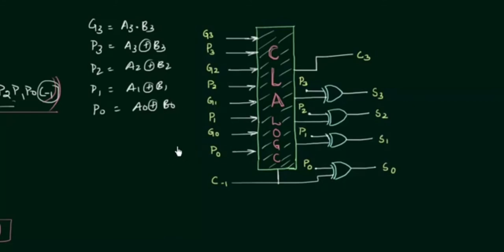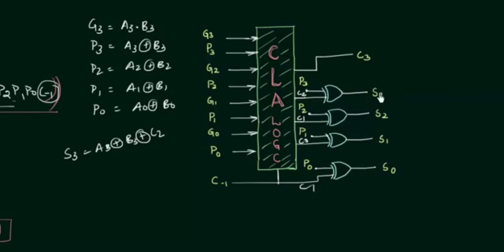Fine. Now in this circuit you can see that your sum 3 is equal to A3 XOR B3 XOR C2. So here this is your C2, this is your C1, this is your C0, and C minus 1 is there, and this one is your C3.